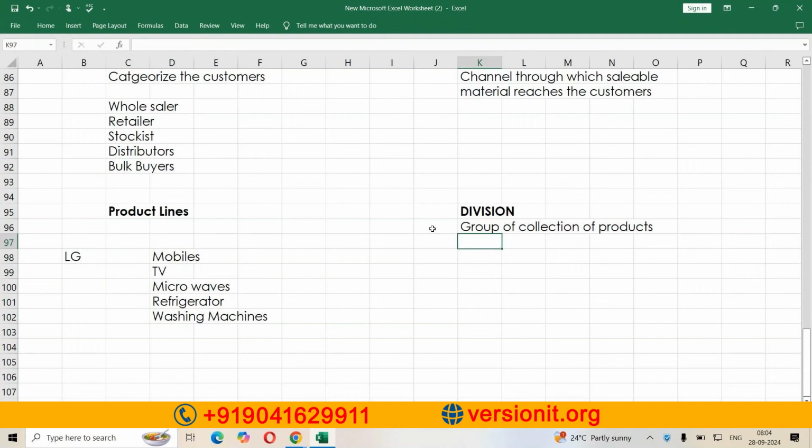Each group, we name it as a division. The creation of these divisions is going to be part of MM in few projects. In few, it is going to be the SD consultant who will have the access to create it.